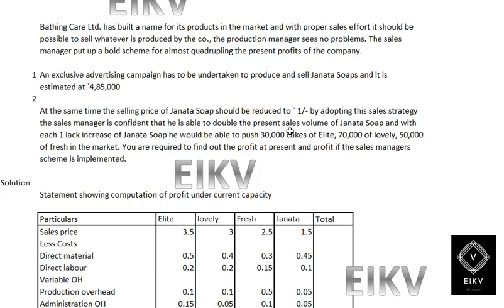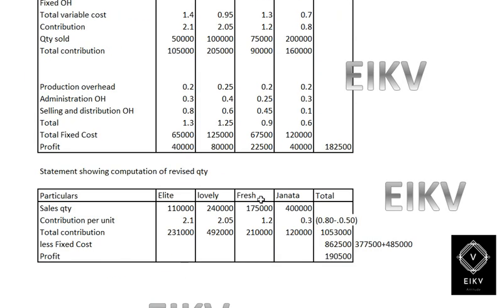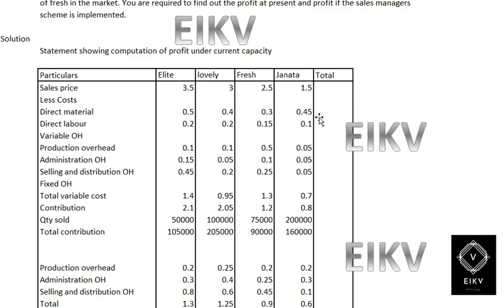These amounts include the excess amounts, such as when we sell an excess of 1 lakh units of Janta, we can push the sales of Elite by 30,000, Lovely by 70,000 and Fresh by 50,000. When we add such amounts, we will get the quantities as 1,10,000, 2,40,000, 1,75,000 and 4 lakh.